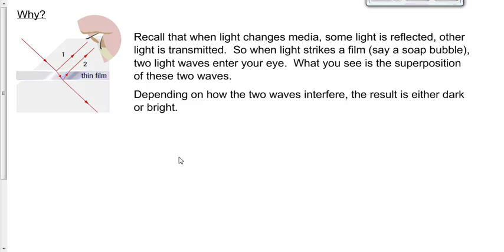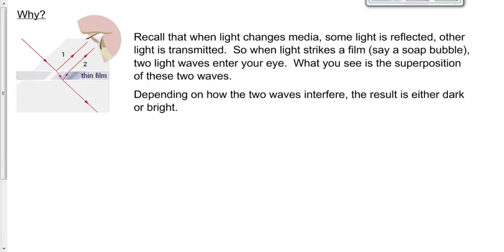So if we're looking at a soap bubble, and this is the film of soap here, when light bouncing off the soap bubble hits you in the eye, you're not just seeing one wave, you're seeing two. One wave bounces off the surface of the soap bubble, and one wave bounces off the other surface, because some of that light goes through the soap bubble and then bounces off again.